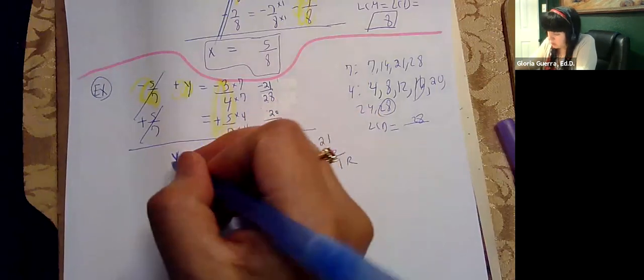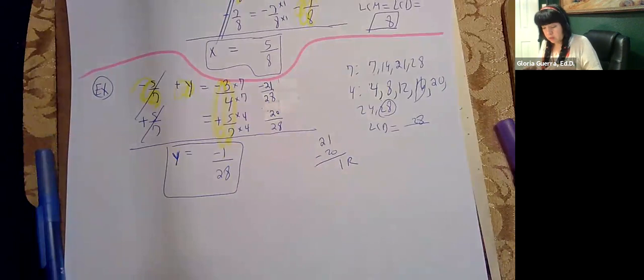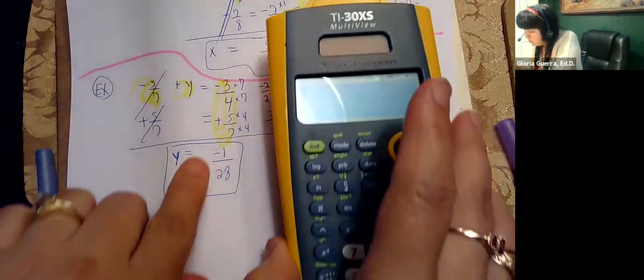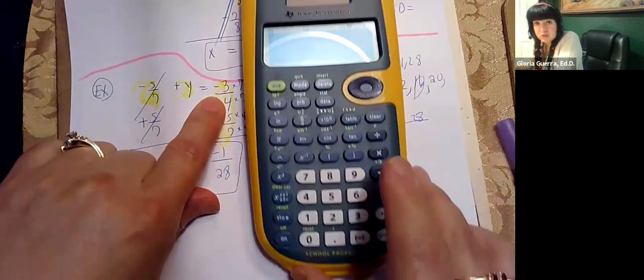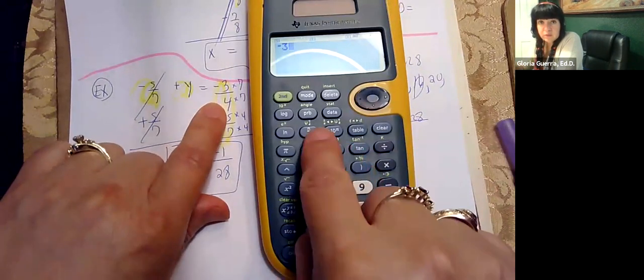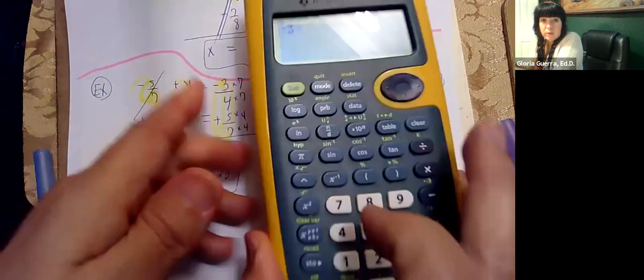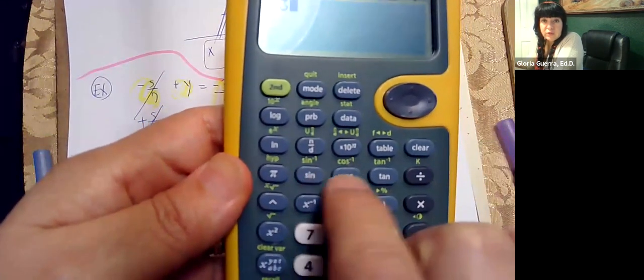Okay. And you remember I taught how to do this on the calculator to double check that. 3/4 is a negative, so put the negative, the sign changer, -3. Then use this key right here, above the sine, cosine, tangent, which they use in trig.